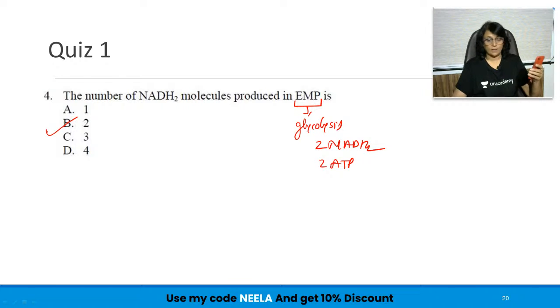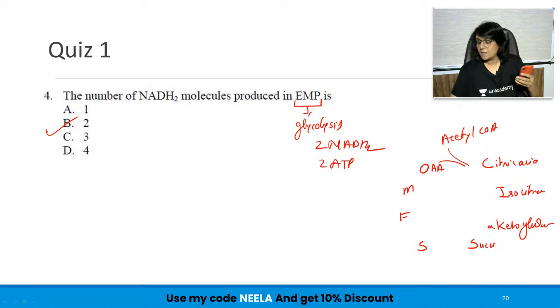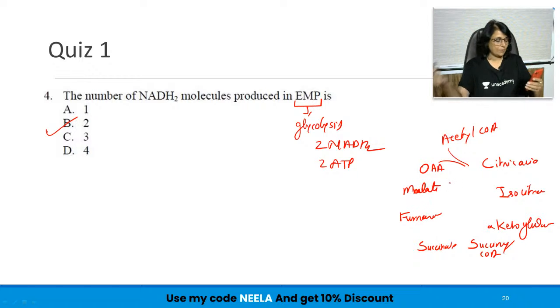Kunal is asking about the mnemonics. See, I know some simple formula-making options, and this accepts acetyl coenzyme A. This is oxaloacetic acid, this is citric acid, this is isocitrate, this is alpha ketoglutarate, this is succinyl coenzyme A, this is succinate, this is fumarate, this is malate and oxaloacetate.